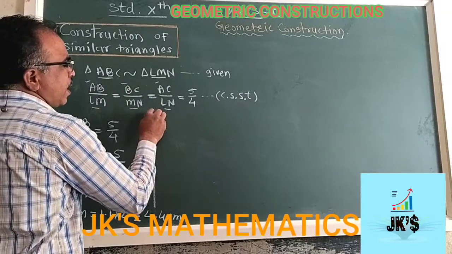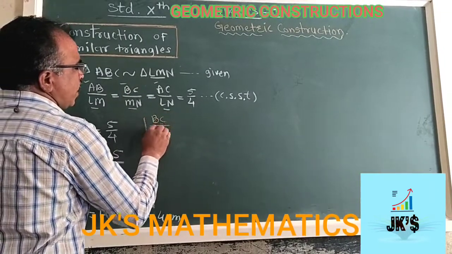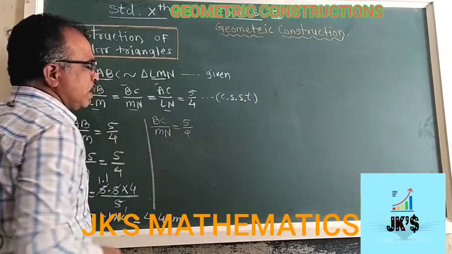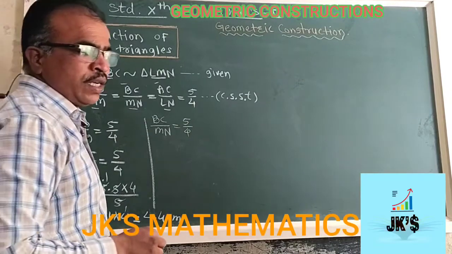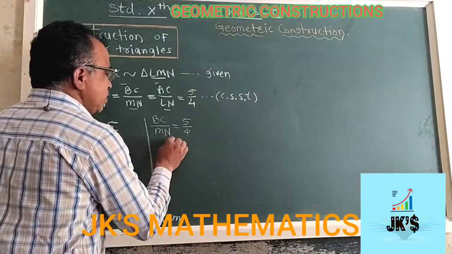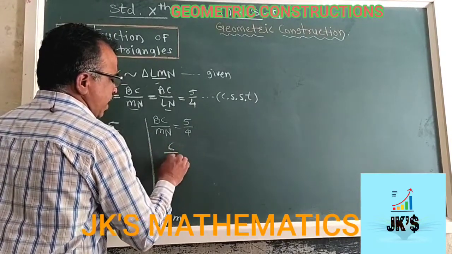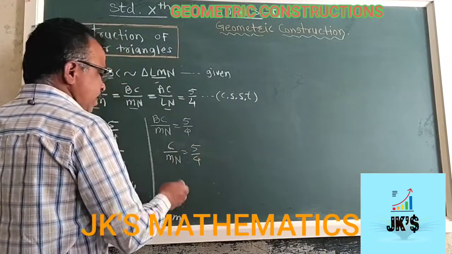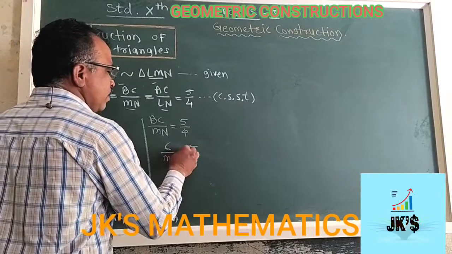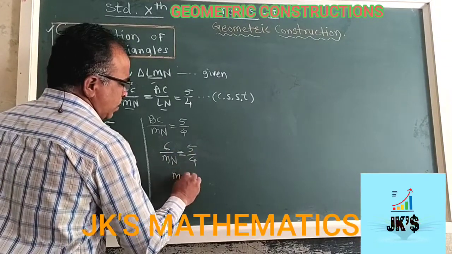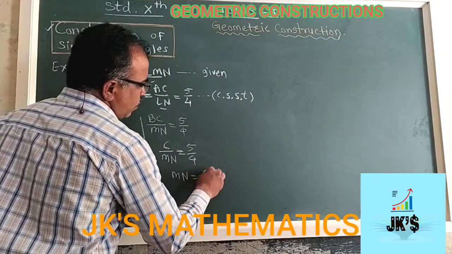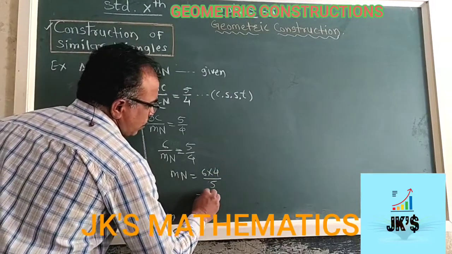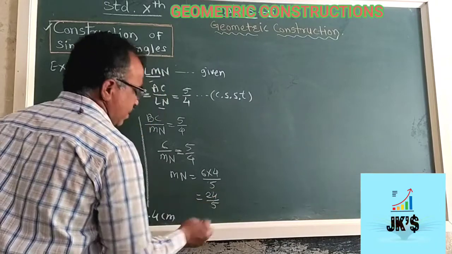Similarly, by taking the other ratio, BC upon MN equals 5 by 4. The length of BC is given here, that is 6 centimeter. So 6 upon MN equals 5 by 4. By cross multiplication again, MN equals 6 into 4 divided by 5, that is 24 upon 5.